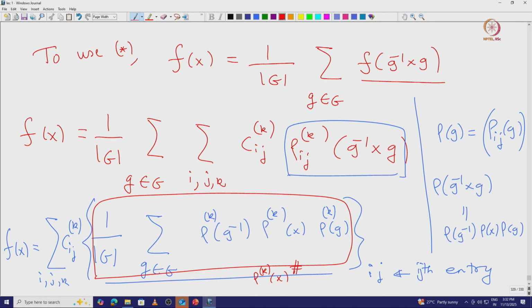Recall that T hashtag was defined to be the average sum of rho of g inverse T rho of g, because we are dealing with only one representation. So this term in the red box is exactly equal to this.